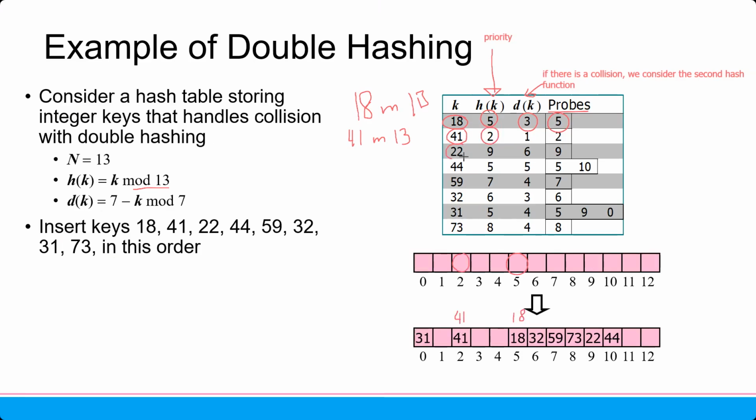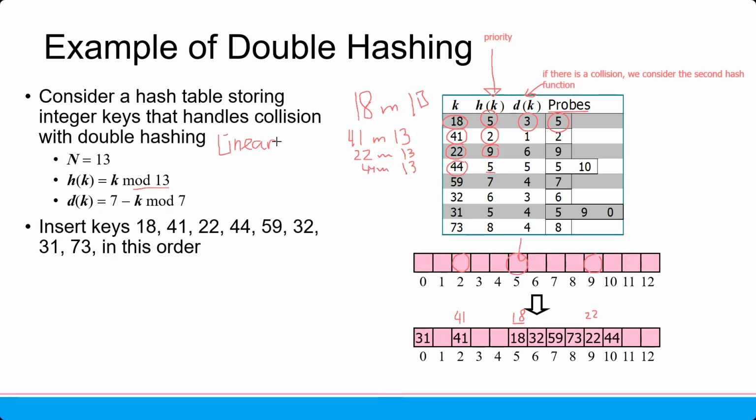Now next, go to 22. 22 mod 13 is 9. So let's check 9. It is empty, so we put 22. Next is 44. 44 mod 13 is 5. Okay, so let's see. We have a value here. And if you use linear probing, you still remember?